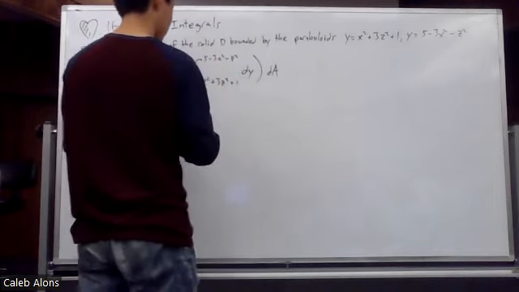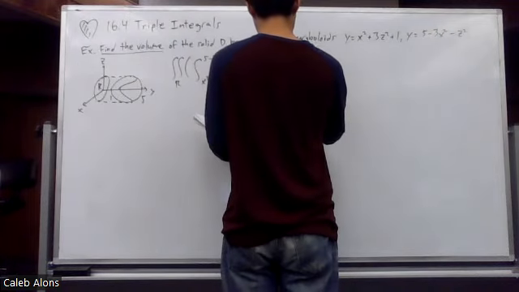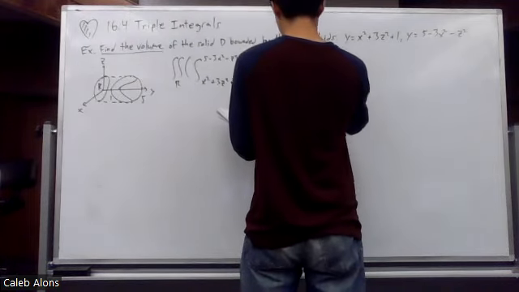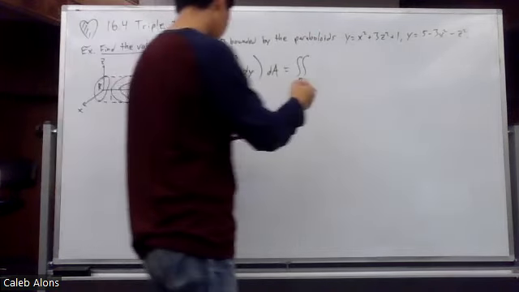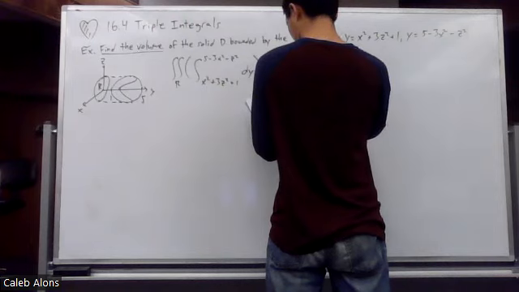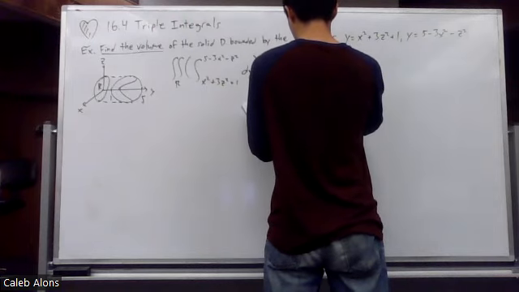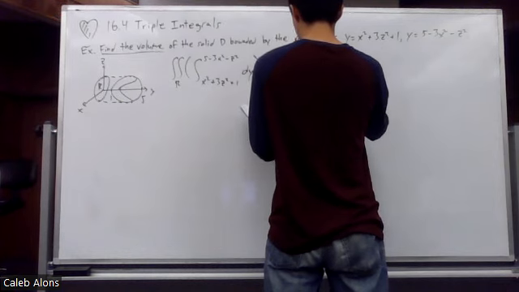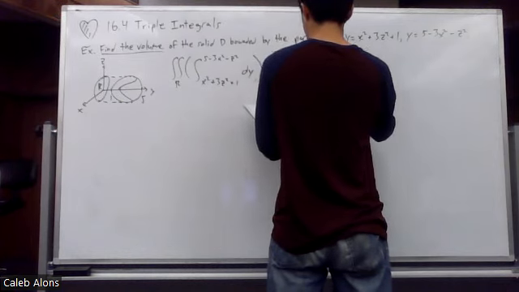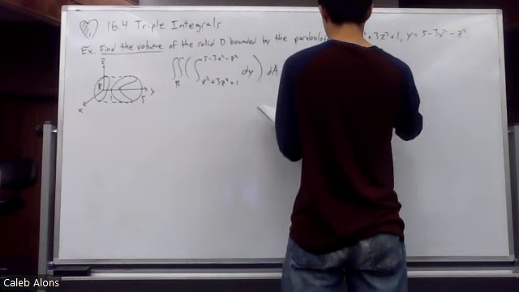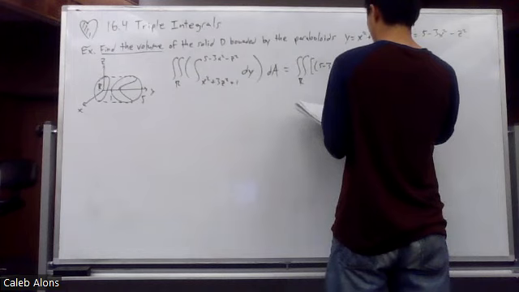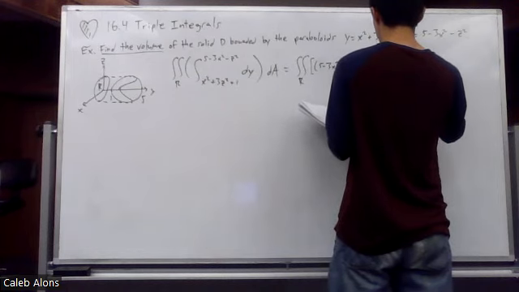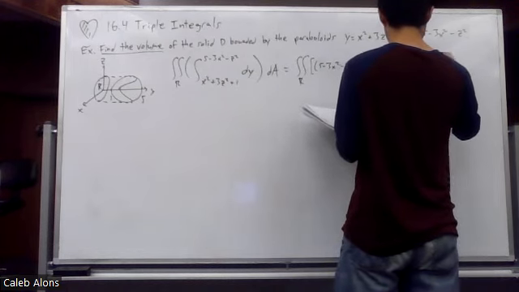We're going to have the double integral over the region R, which we haven't broken down yet, of 5 minus 3x squared minus 2z squared, minus the lower bound, x squared plus 3z squared plus 1, dA.